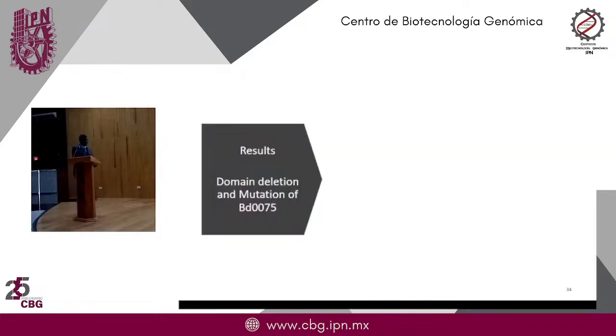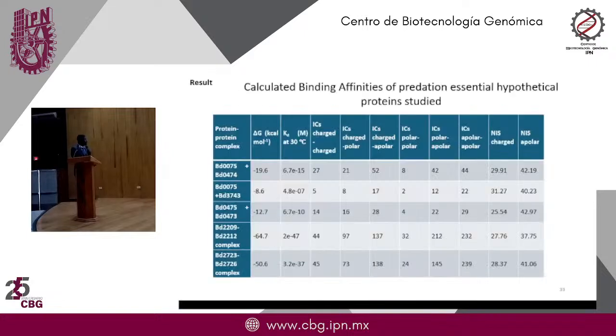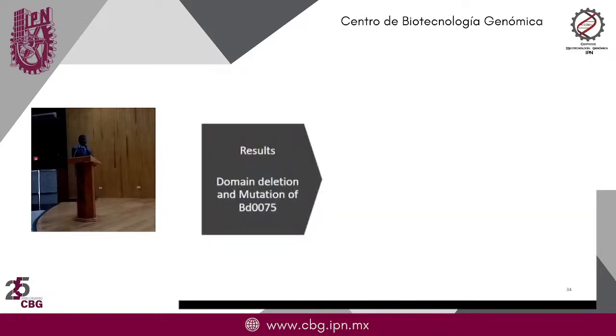Another thing that we did was to mutate specific amino acids. We wanted to see the effects of specific amino acids in the interaction of 474 with 475. We already said that the interaction is occurring at the C domain, and in the C domain, some of the residues that we showed earlier on are salt bridges, which are the strongest type of protein-protein interaction that we could have. So we targeted some of those.